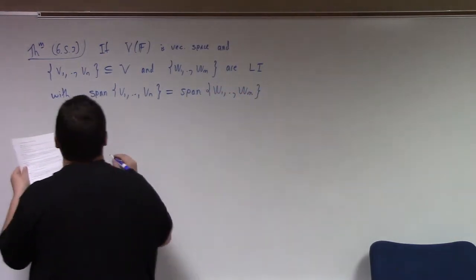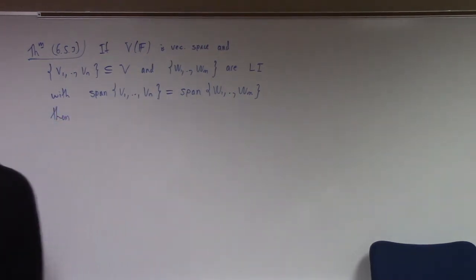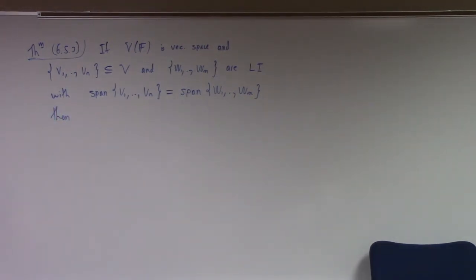Then what? What should the punchline here be? You're starting to gain some intuition. Maybe you could tell me what the answer ought to be. We have both these sets.